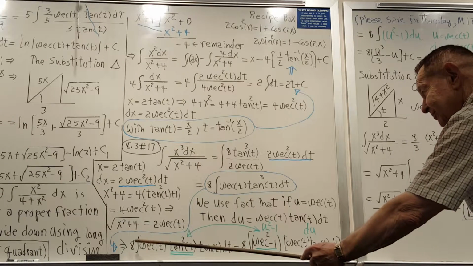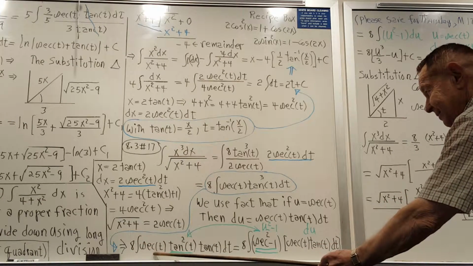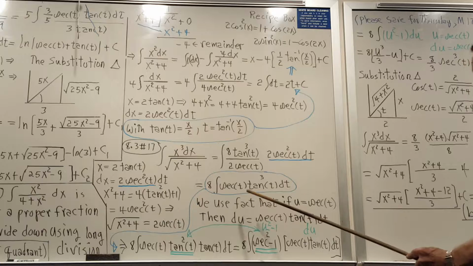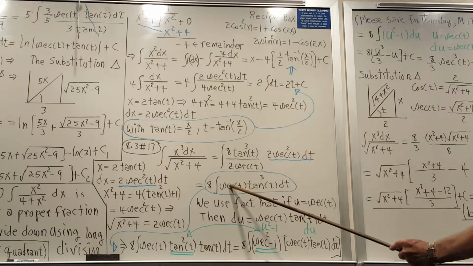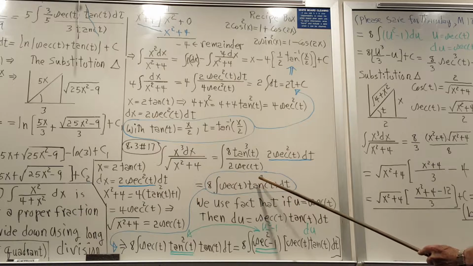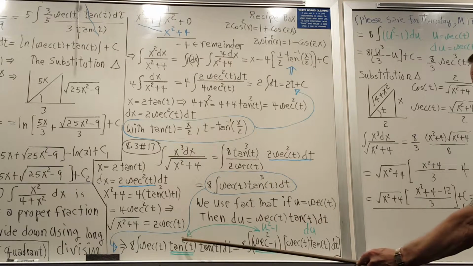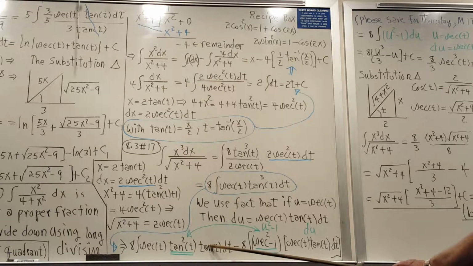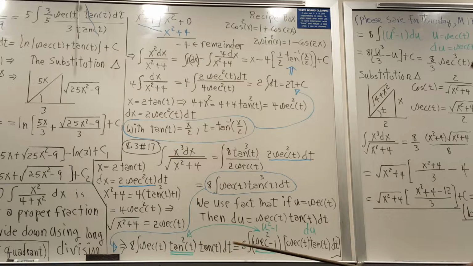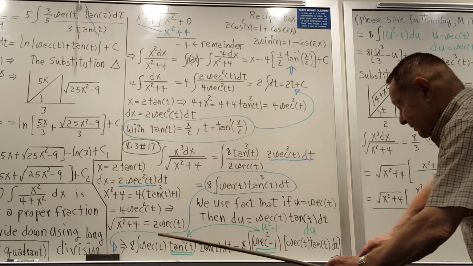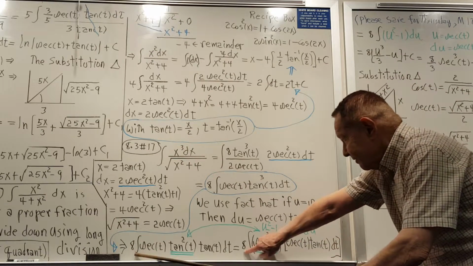And so I've come down here with it, and to do the secant tangent cubed, what I do is I factor the tangent cubed into tangent square and tangent. And then I replace the tangent square with secant square minus 1. So I have this 8 is here.